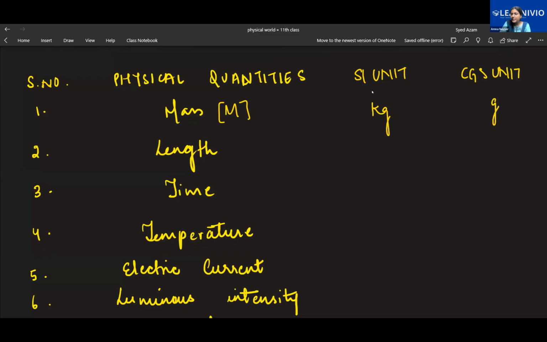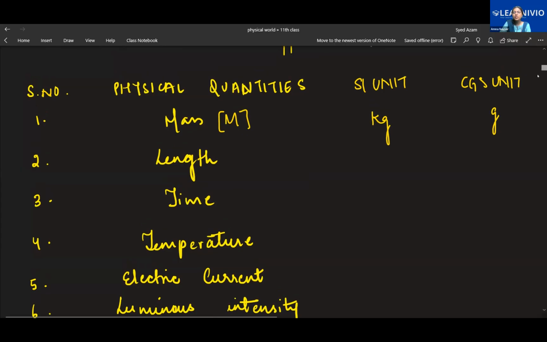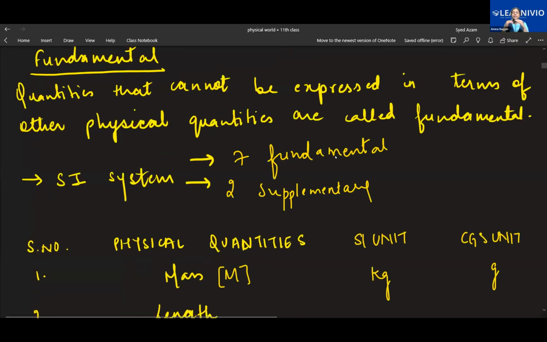Now, what is this CGS? SI, I told you, is the standard unit. Similarly, the CGS unit is another system of units. From the term CGS, C means centimeter, G means gram, and S is second.